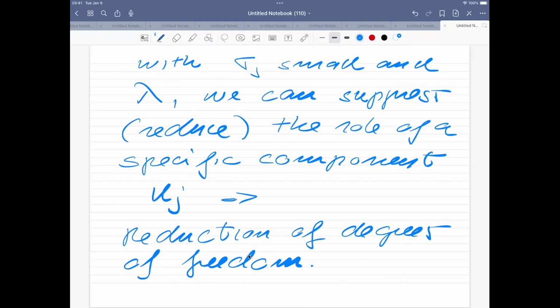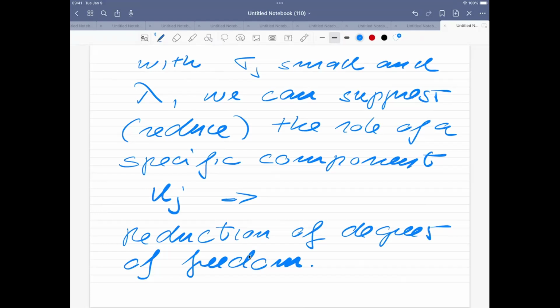Because these J values, these subscripts, correspond to a specific degree of freedom which we have, represented in our case by the feature of a polynomial. So by increasing lambda, we can effectively reduce some of these degrees of freedom, and then we can see which ones are the most important for making the fit.